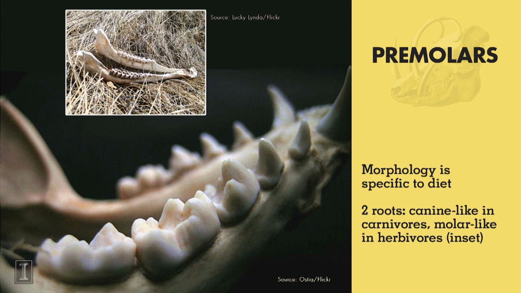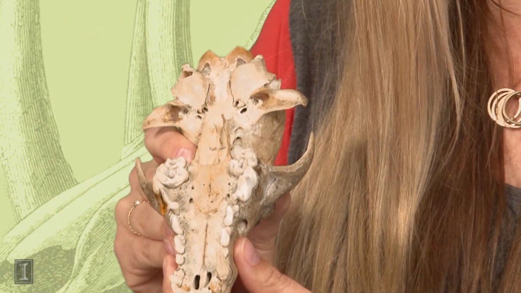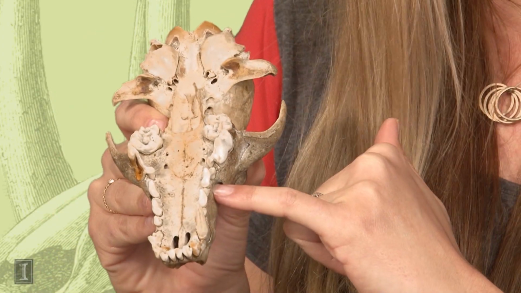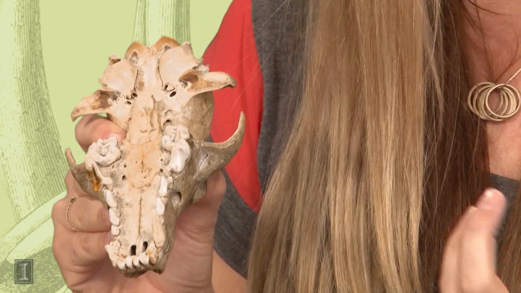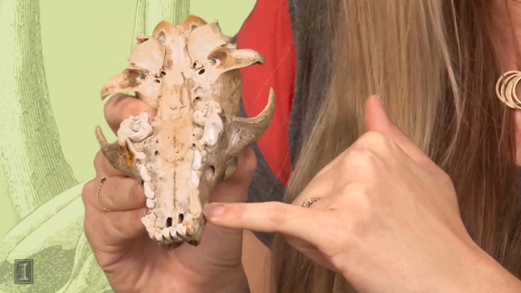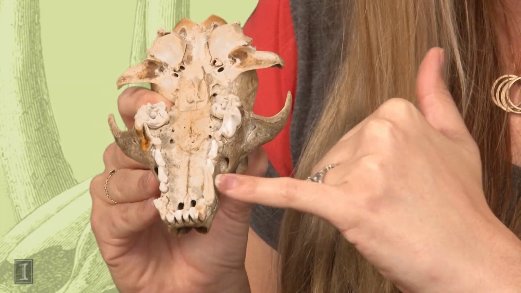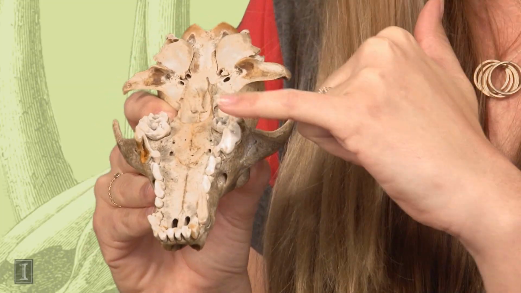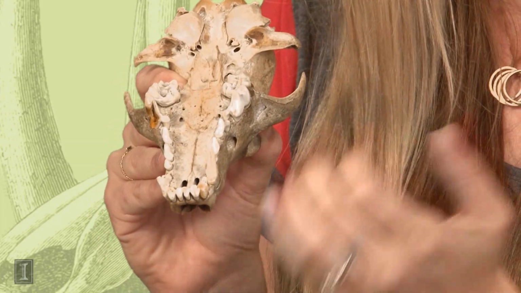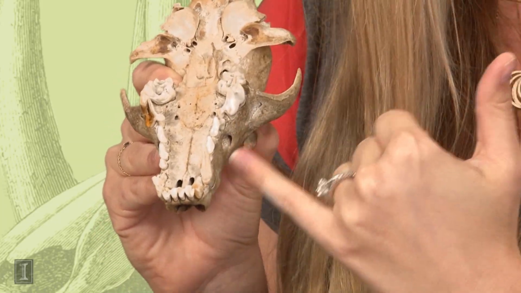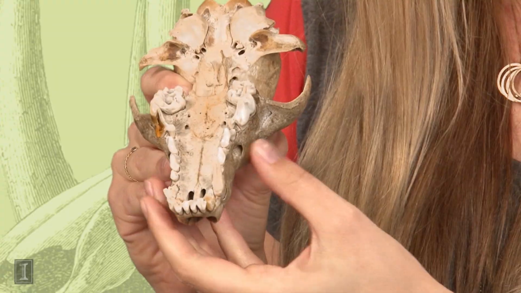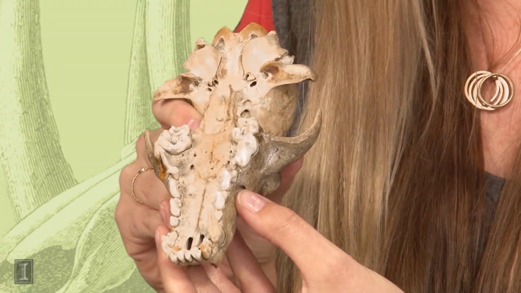And so those teeth are very specific to the function that they're needed for. So premolars have two roots. Again, they're molar-like in herbivores and they're canine-like in carnivores. And in herbivores, you got to be a little careful there because the premolars can be hard to distinguish from those grinding molars in the back. So just be aware of that. That differentiation between premolars and molars can be a little tricky with the herbivores.